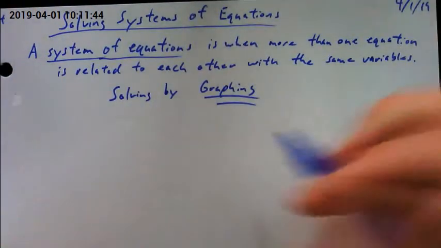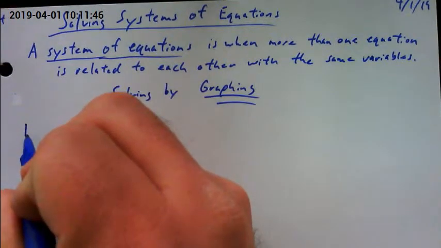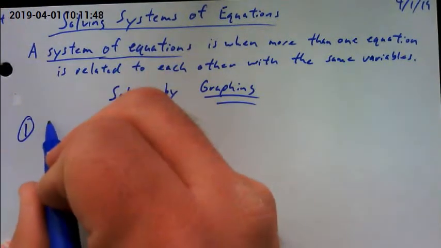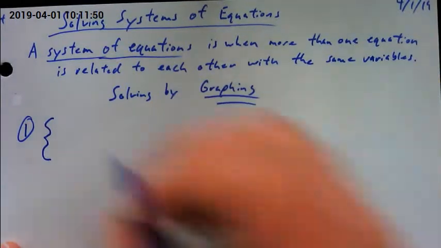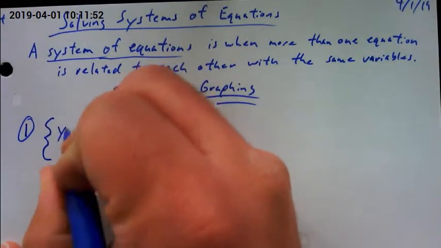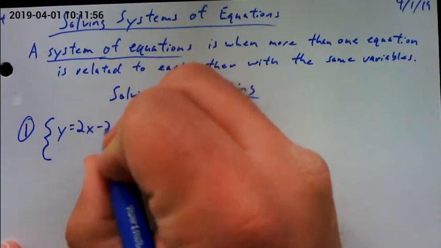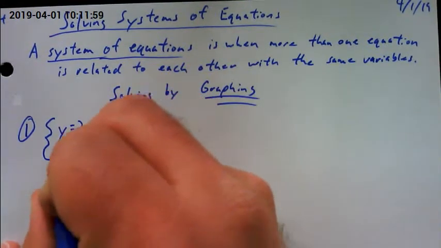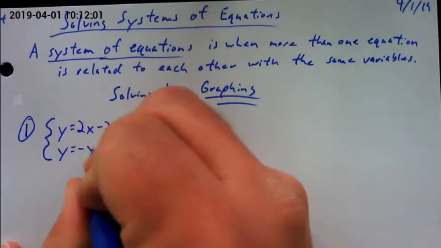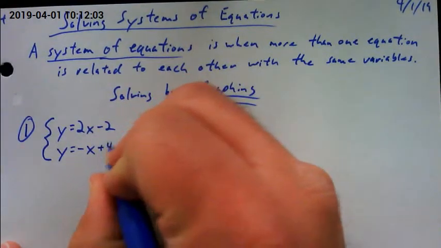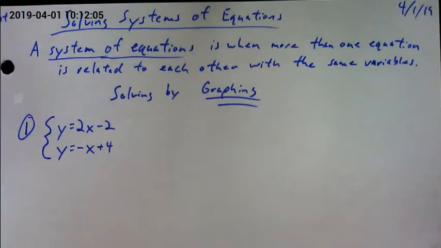Now, when you're given a system, it's normally going to be written so that you have a brace with two different equations. So y equals 2x minus 2, and y equals negative x plus 4. All right. So here we have two equations.